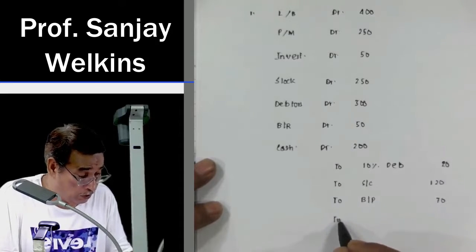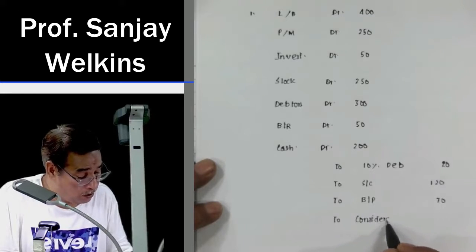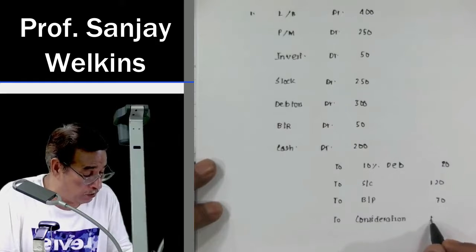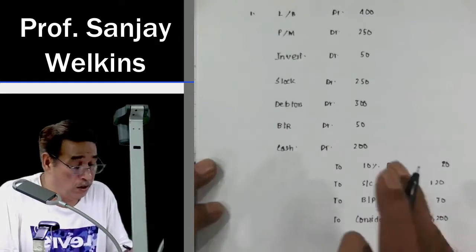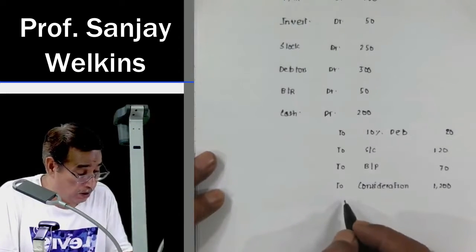Now consideration. Consideration in respect of Y Limited was 1,200. Now you will have to do the computation to find out the balancing figure.